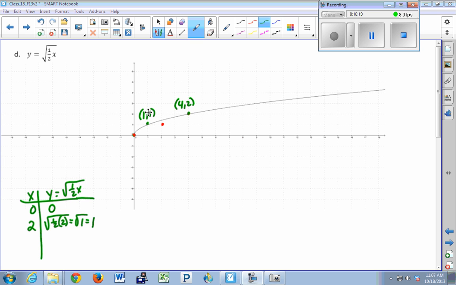So I go out to 8 now, and half of 8 gives me 4, and the square root of 4 gives me 2. So my new points are 0, 0, 2, 1, and 8, 2. So I got to go all the way out to 8 to get to be the same height as 2. So that's going to be my red point.